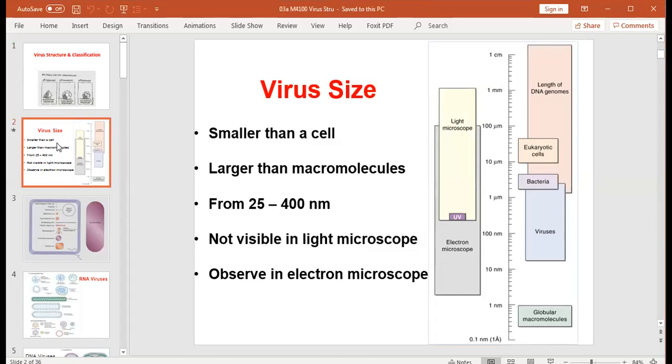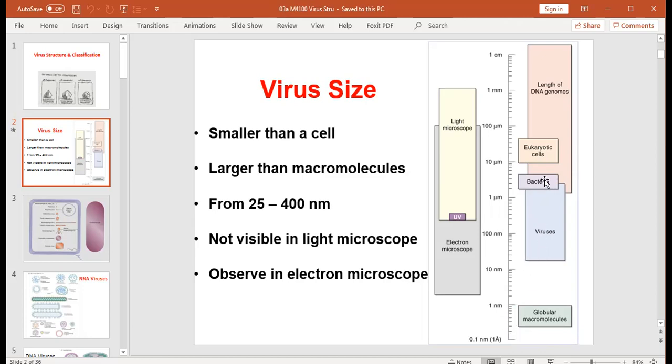Let's talk about the virus size. On the right-hand side of this slide, you will see a depiction of various molecules and organisms such as globular macromolecules that are in the range of 1 to 0.1 nanometer.